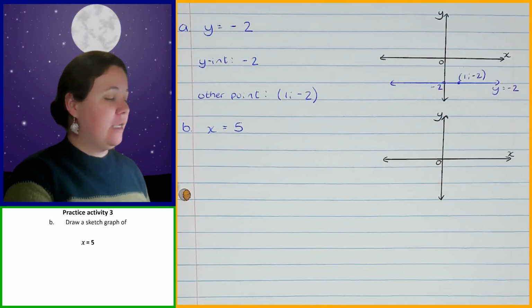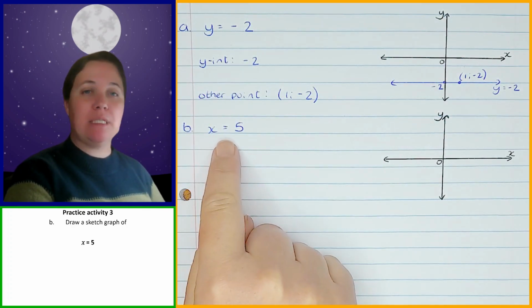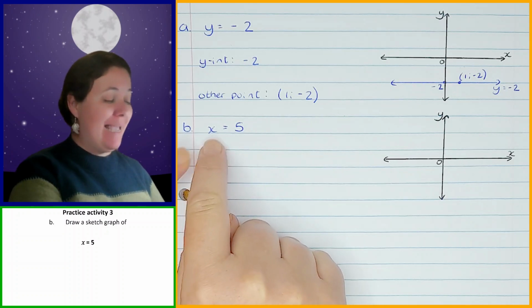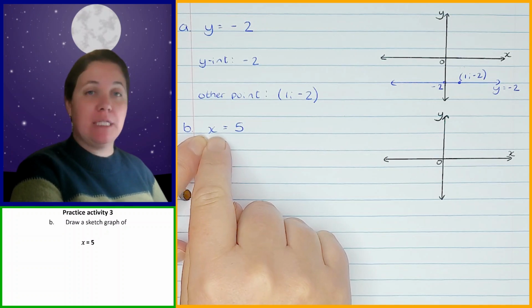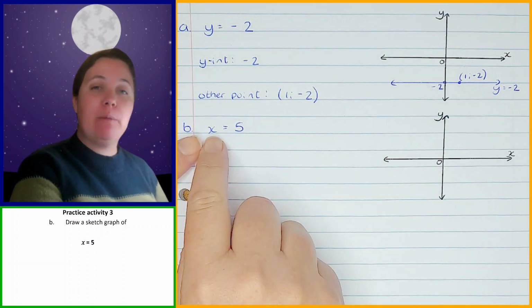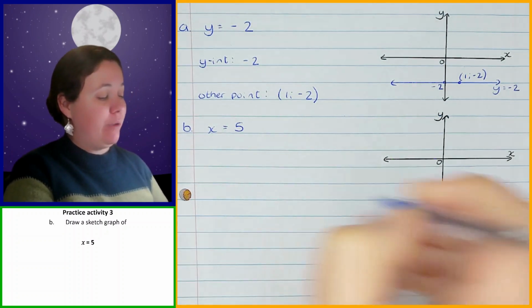Right, so in this one, it's similar to what we had over here, except this time it's not y equals a number, it's x equals a number, which means that I can't make x 0 to find a y-intercept, because I can't say that x 0 is equal to 5, because 0 can't be equal to 5. So I'm not going to be able to find a y-intercept, but my x-intercept is going to be 5.